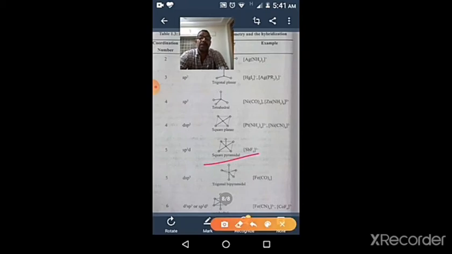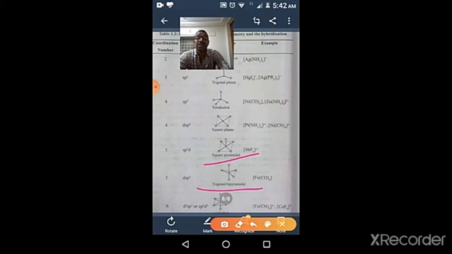Square pyramidal, trigonal bipyramidal. For example, for square pyramidal, pentafluoridostibnate(III) ion. For trigonal bipyramidal, the example is pentacarbonyl iron. So these are two examples of complexes with coordination number 5.